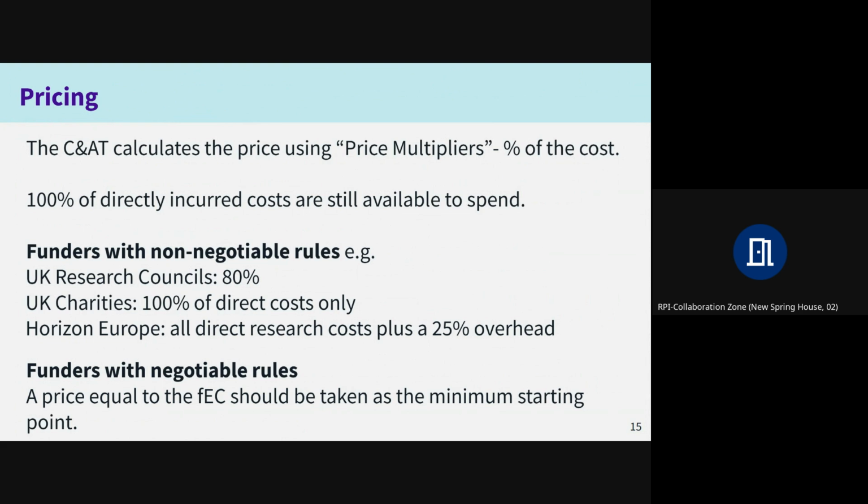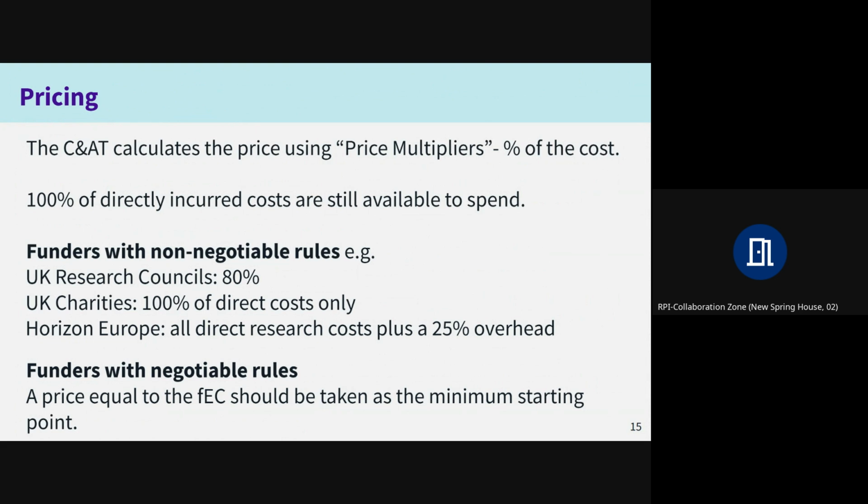So yeah, we talk about price multipliers. So that's something that we have in the costing tool, but it's essentially the percentage of the cost that we can get back. I have just included the line to say that even if you only cover, say, 80% of direct costs from the Research Council, for example, you still get 100% of those costs to spend.